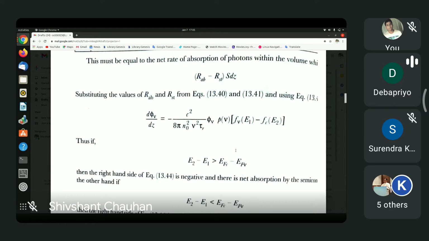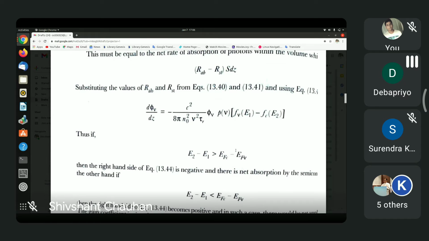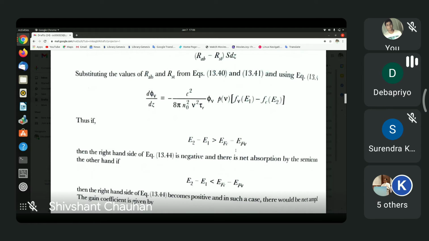So whatever is written as E1 is the same as E small v previously, and E2 is E small c. So this f v(E1) is the same as what we have referred to as f v(Ev) into 1 minus f c(Ec), and f c(E2) is the same as what we have previously called f c(Ec) into 1 minus f v(Ev). So it's like that.